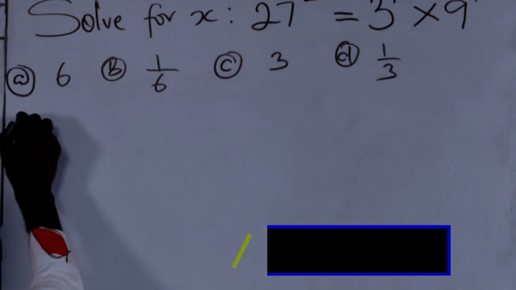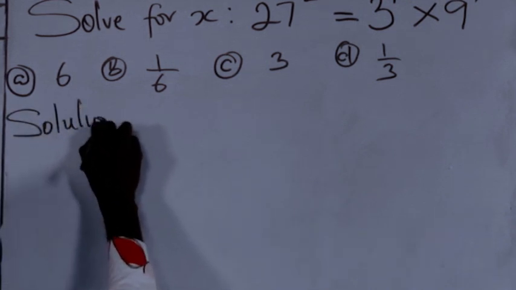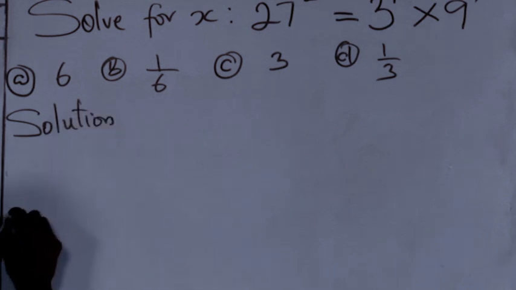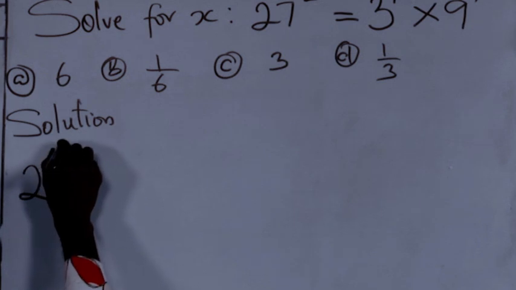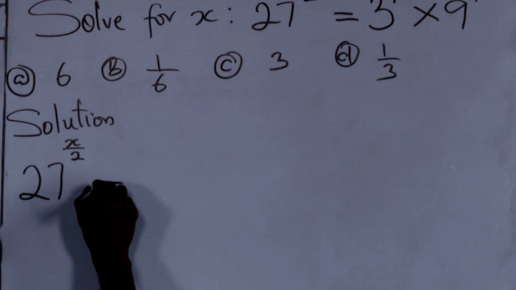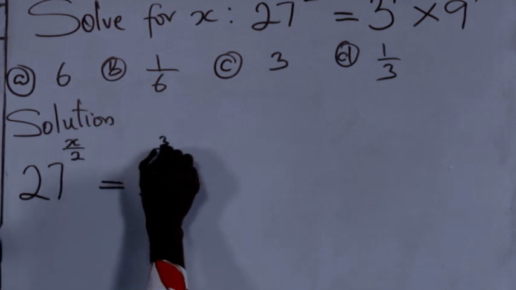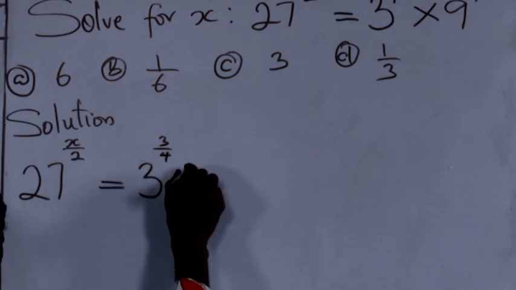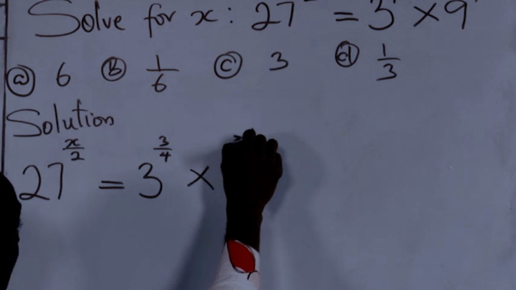Solution. We have 27 raised to power x over 2 equal to 3 raised to power 3 over 4 multiplied by 9 raised to power minus 1 over 4.